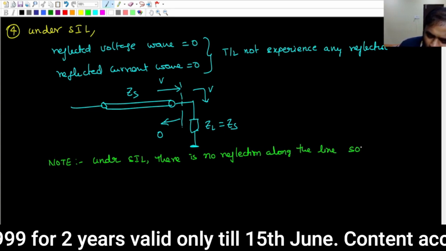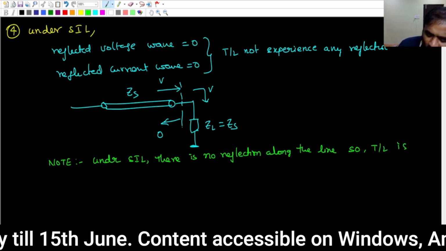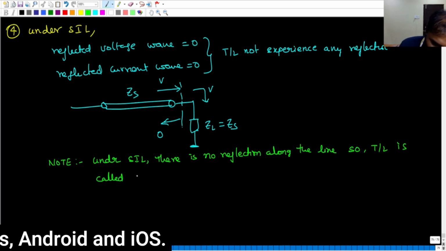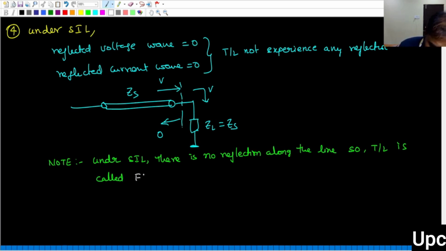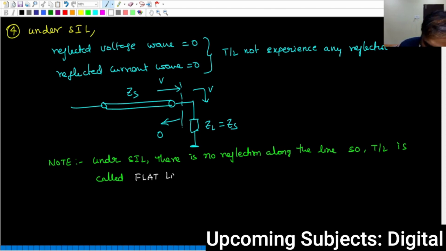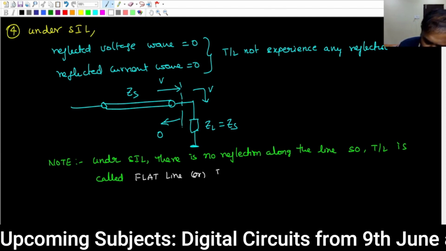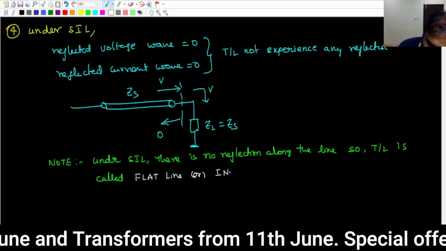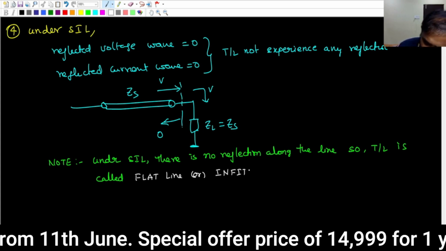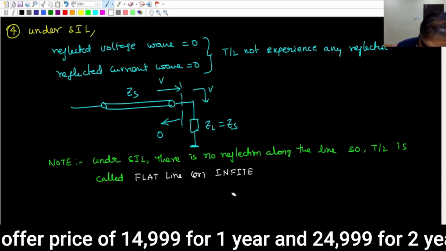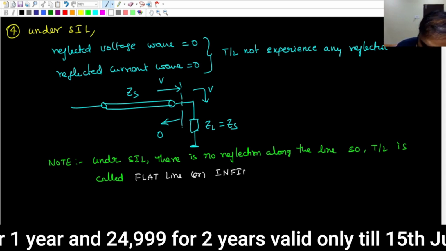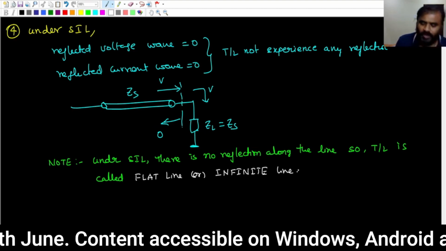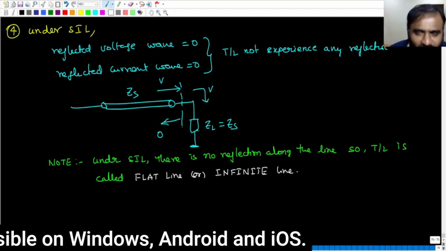So the transmission line is called a flat line or infinite line, when under surge impedance loading only.